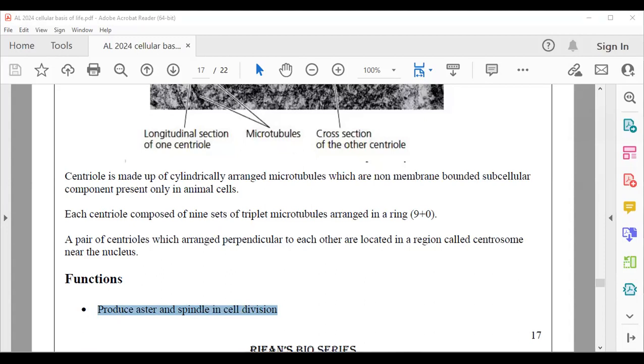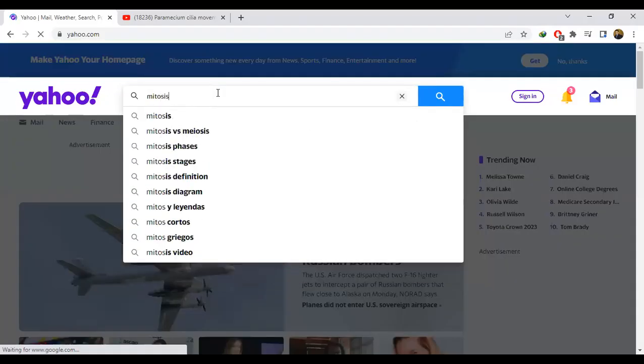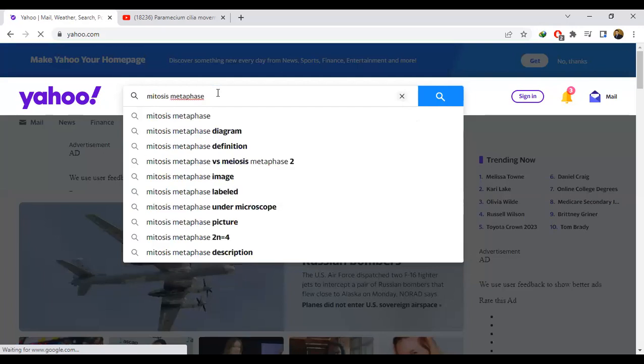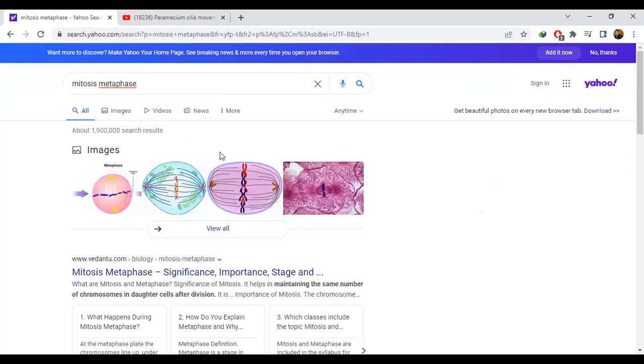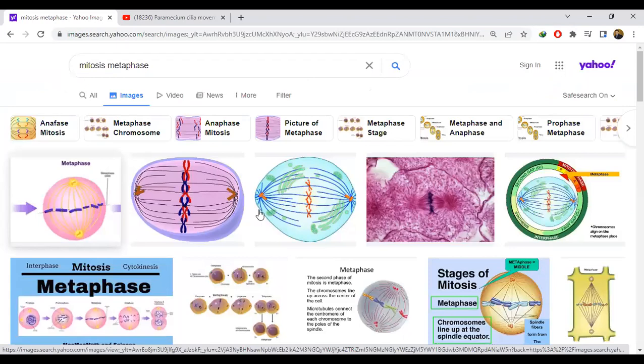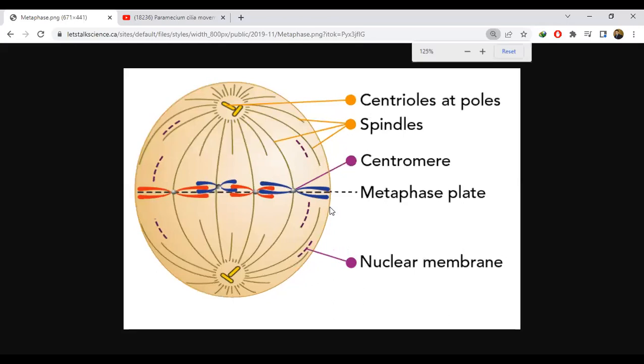Already in the picture I showed you, it is there, but I will show an enlarged picture. Mitosis, metaphase. Metaphase is easy to see. Can you see this picture?